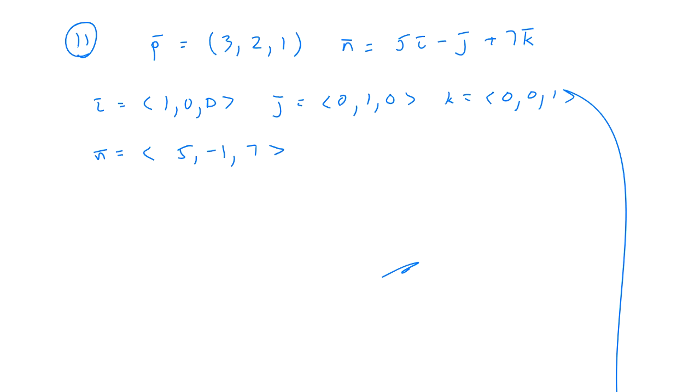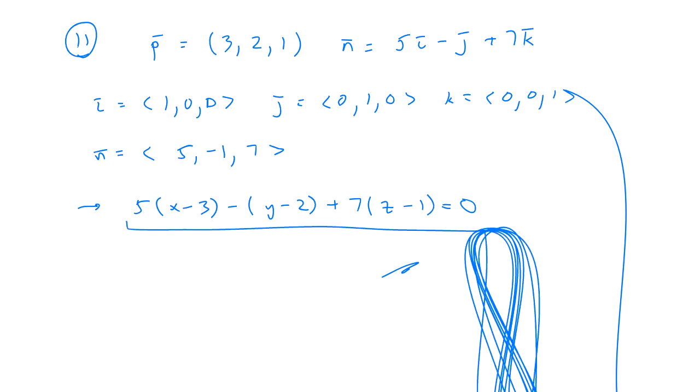And now it's similar to the one that we did, which is we have a point, we have a vector that's normal. And plug it in. Oh, nice.